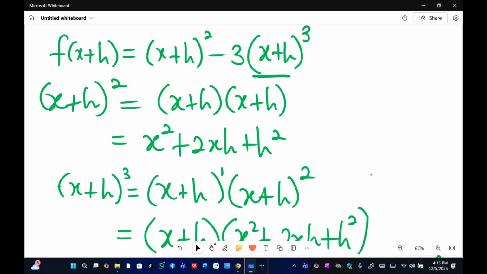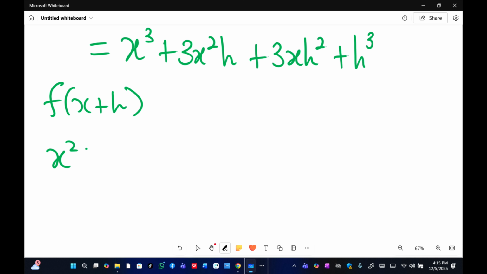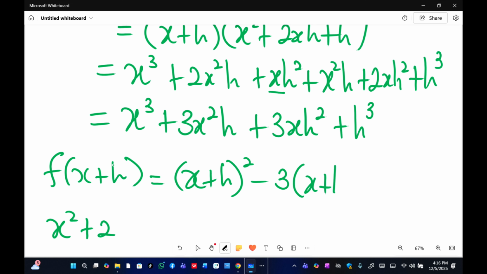So we are going to get x squared plus 2xh plus h squared. Then, I think there's a 3 over here. Let me check again. Okay, minus 3 x plus h, all in bracket, having a power of 3.